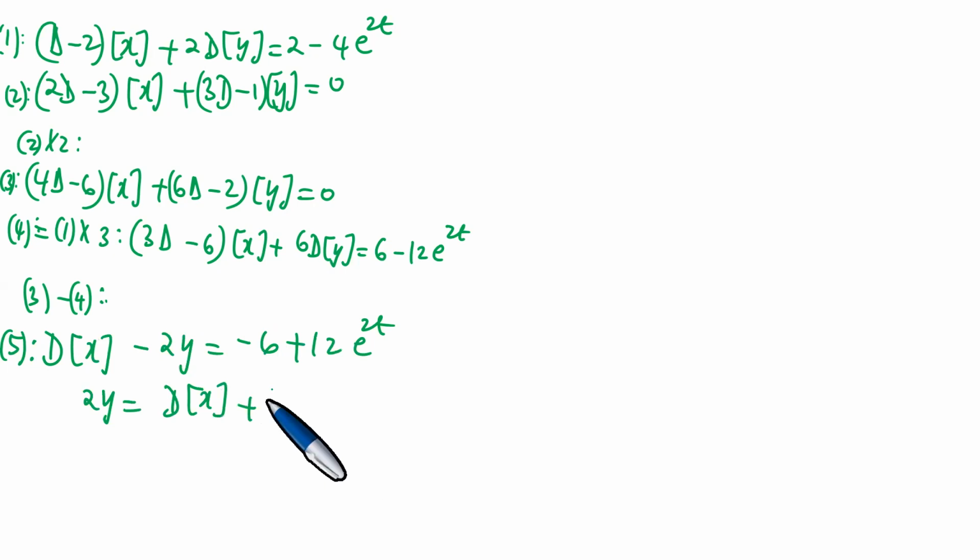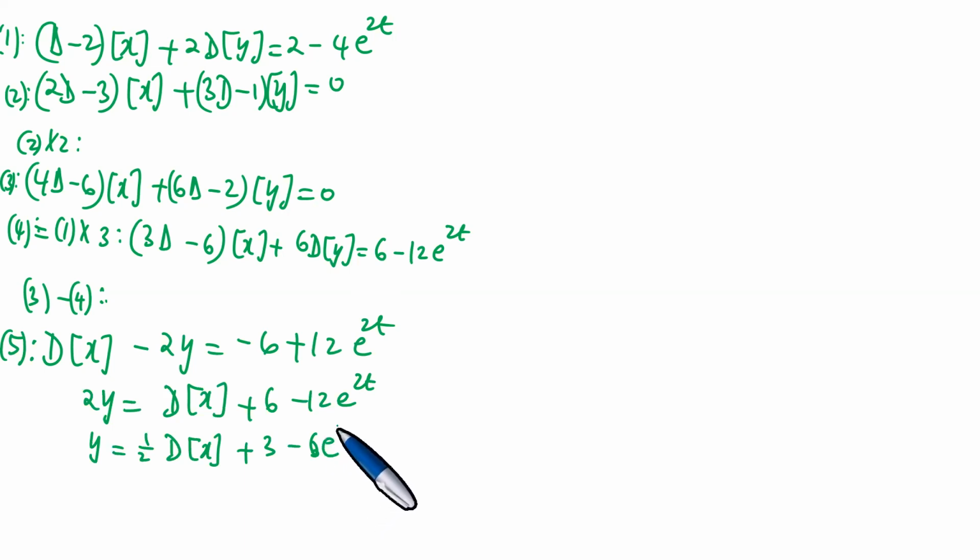This one is brought over making it plus, the 12 becoming negative, twice t. At this point, we can divide through by 2, getting Dx plus 3, dividing that 6 by 2, and then you divide the 12 by 2, giving us a 6, and this is e^(2t). So that's what we are able to obtain at this point.